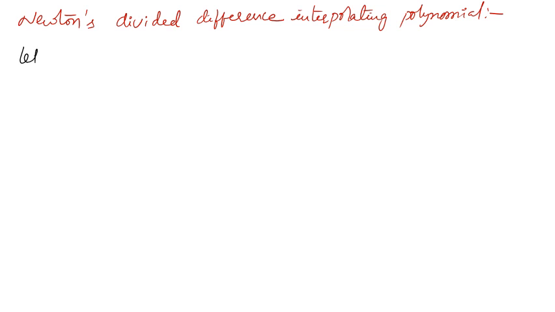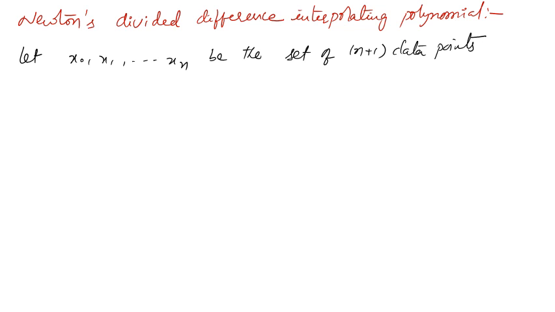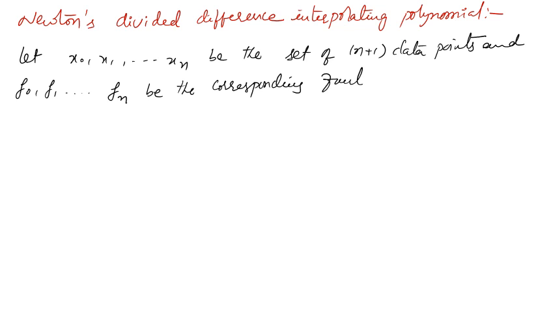What is that? Let x0, x1, ..., xn be the set of n plus 1 data points, right? 0 to n means n plus 1 data points, and f0, f1 and so on fn with the corresponding function values.